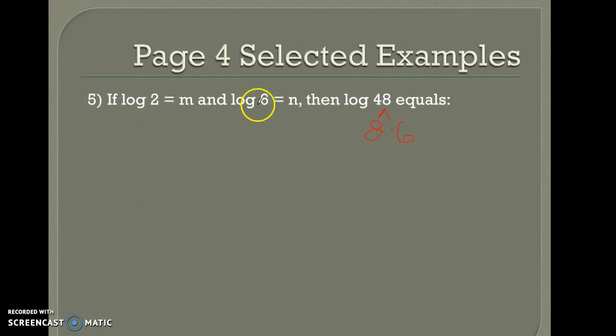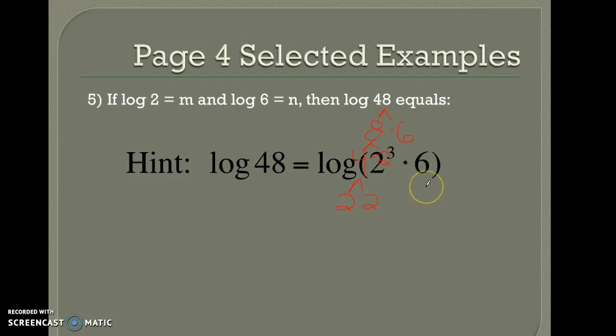And we have a log of 6, so we'll leave that. That's good. 8 is equal to 4 times 2. And 4 is equal to 2 times 2. So we can rewrite log of 48 as log of 2 to the 3rd power times 6. From there, you can use your log properties to break that down. Once you have log of 2 and log of 6, you can substitute in your m and n.